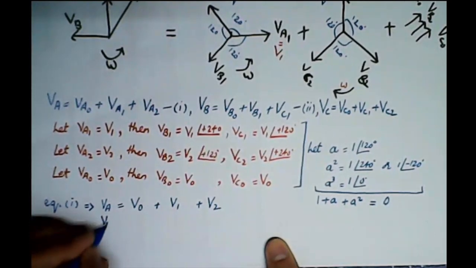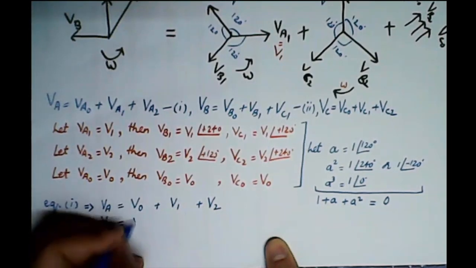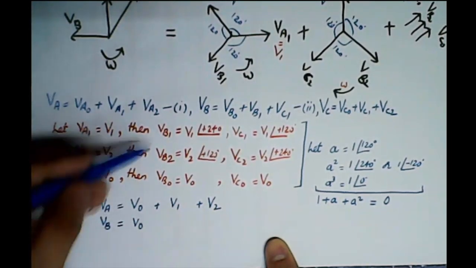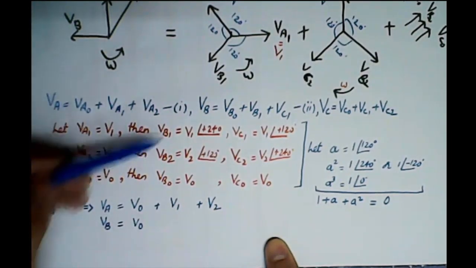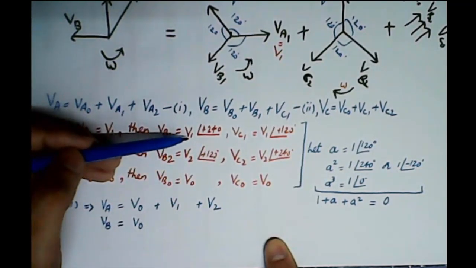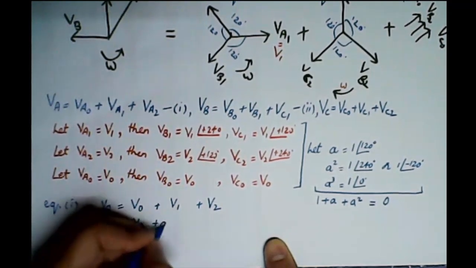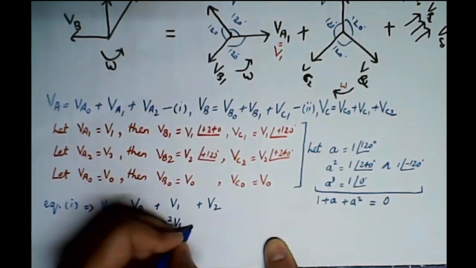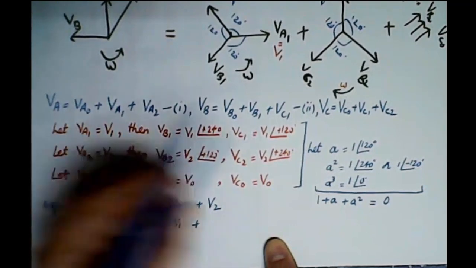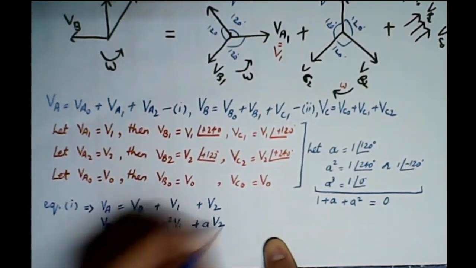VB equals V0 plus a square V1, this 1 angle 240 is a square, plus a V2.